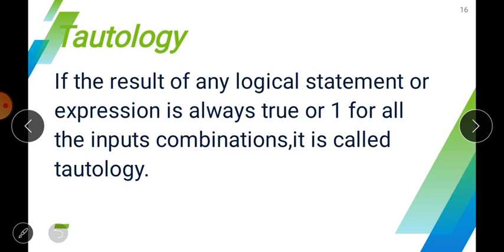The term tautology starts with the letter T, and similarly true starts with the letter T. So if you get any expression or logical statement which remains true, or the expression is always true, or 1, for all the input combinations, then it is called a tautology. Means if there is no false output or no 0 output, then this type of expression is known as a tautology.